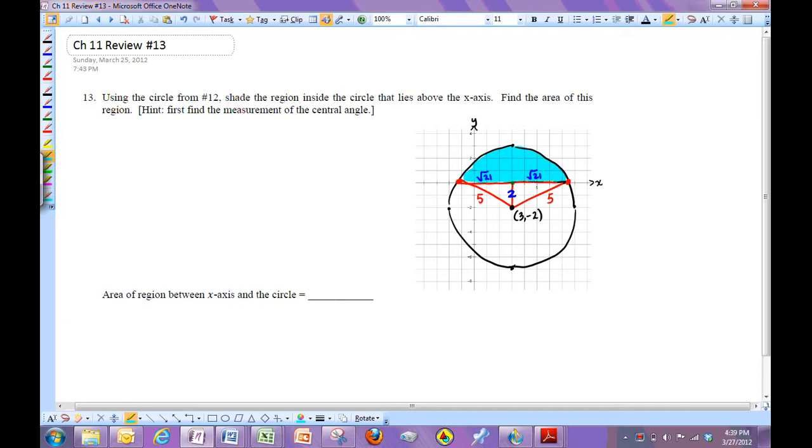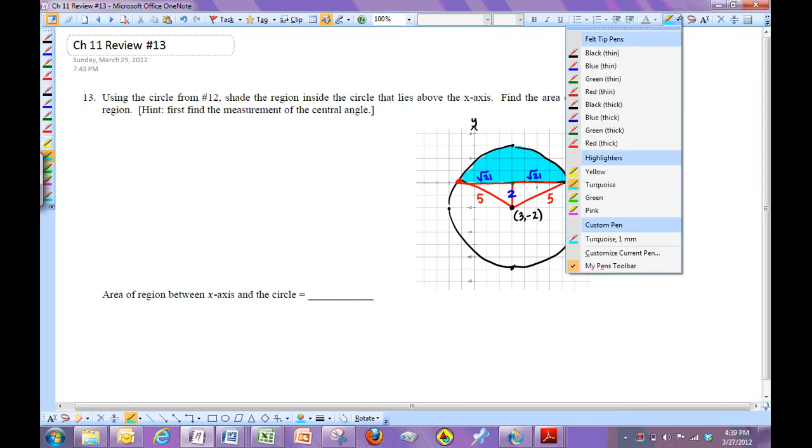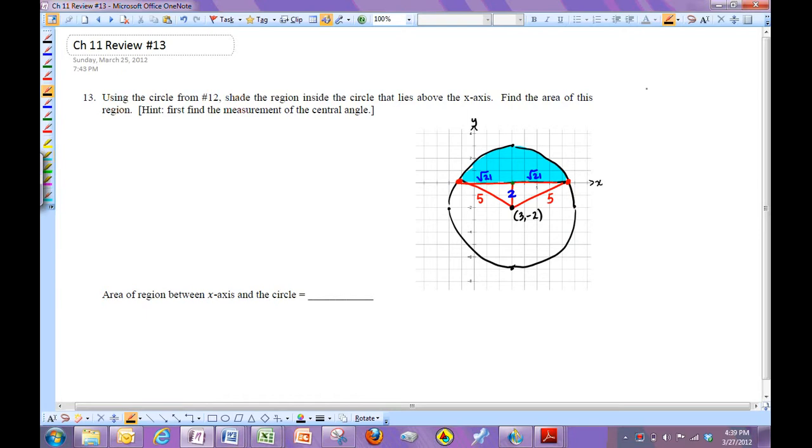So remember, a good strategy for dealing with that would be to find the area of that whole sector right there, where this is 5 and this is 5, and then subtract out the triangle.